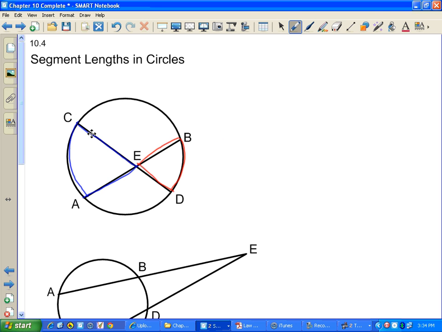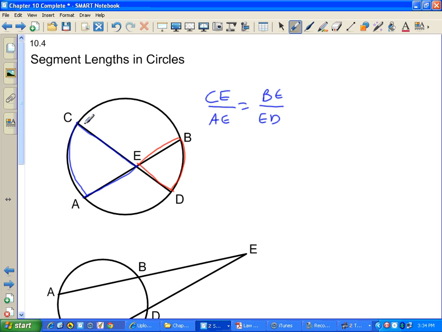We would say that CE corresponds to this because they're on the same one together, so we'd have a constant ratio between CE and AE, and that should equal the same thing as, since CE was on this top part, we're going to put BE across from it, and then we're going to put ED underneath it.